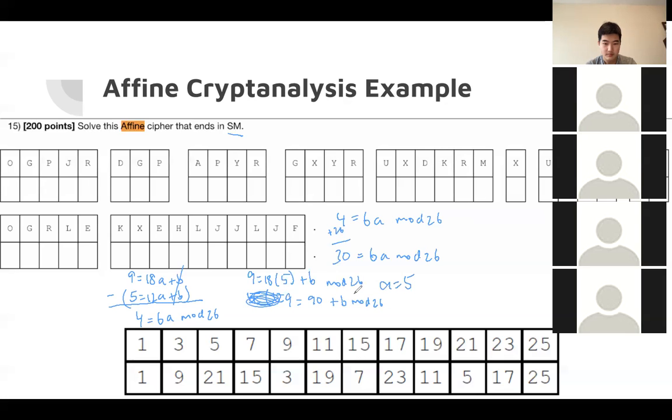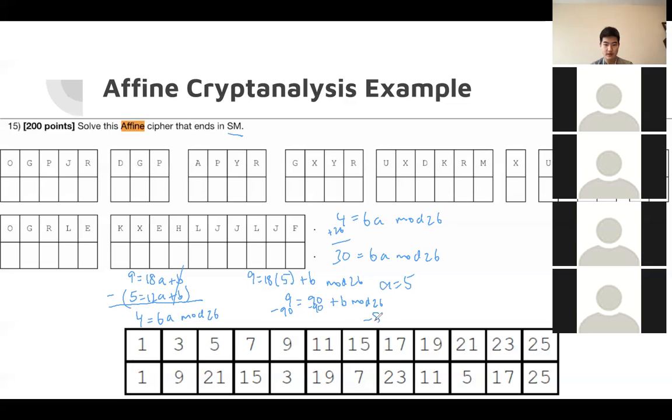There's a couple of different ways you can do this. You can think of it as adding 26 to 9 until you get the appropriate number again, but that's a little more complicated when it's addition plus multiplication. So here I would just move 90 to the other side, minus 90, minus 90.